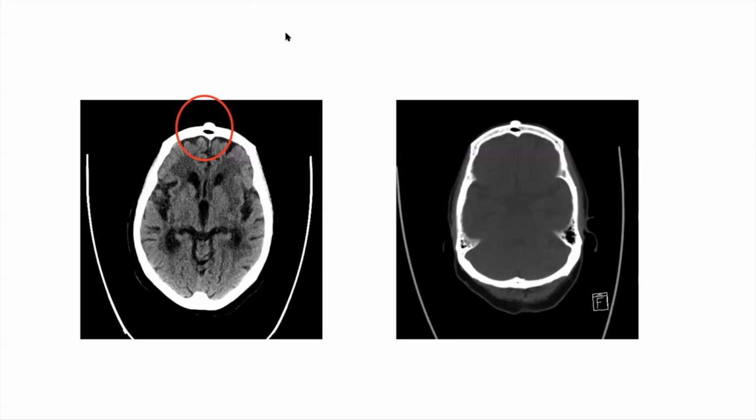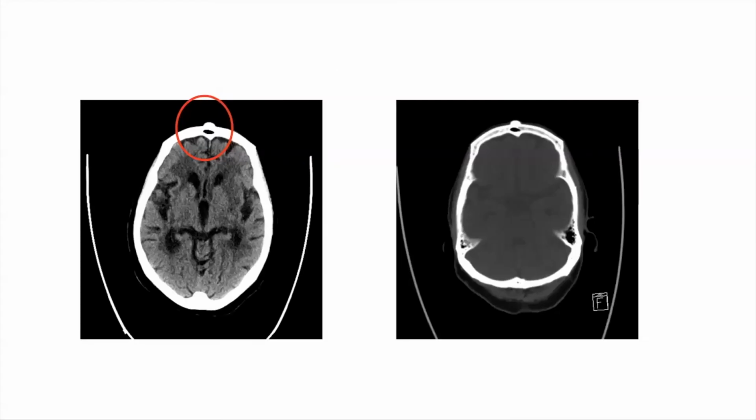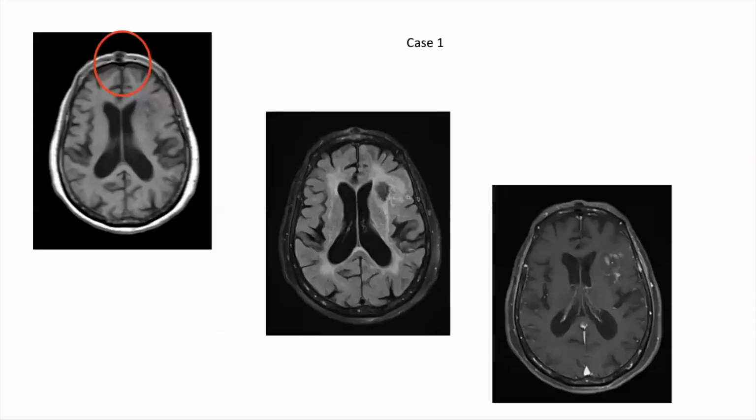If we go back to the MR scan, it really has very little to speak of, right? You can see this area of signal dropout here, and a little bit of signal dropout here. Now, this high signal intensity in the skin could be a susceptibility artifact because we're at a bone interface.